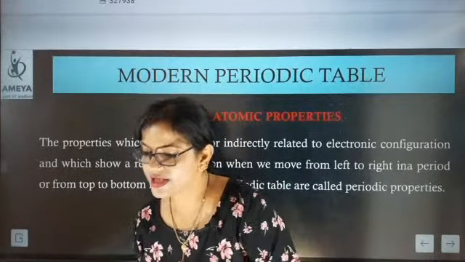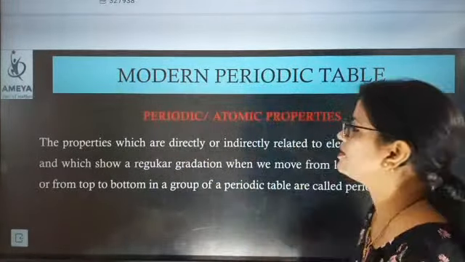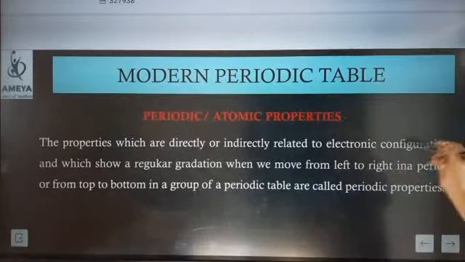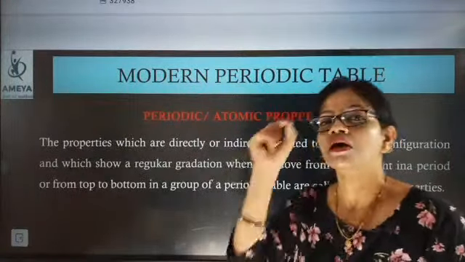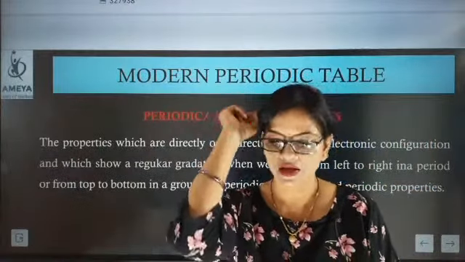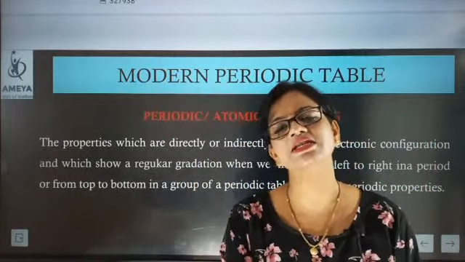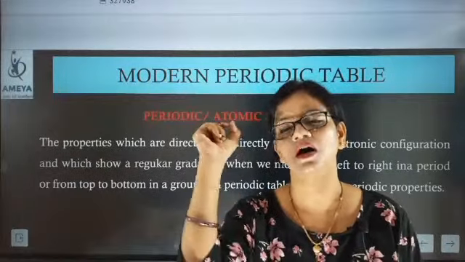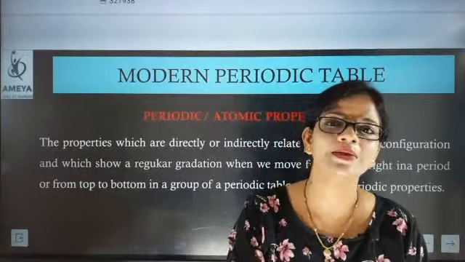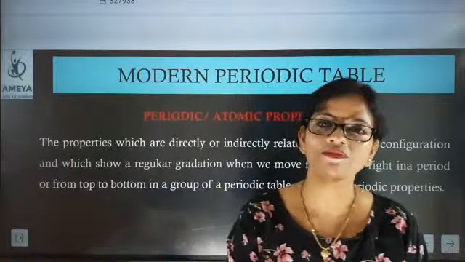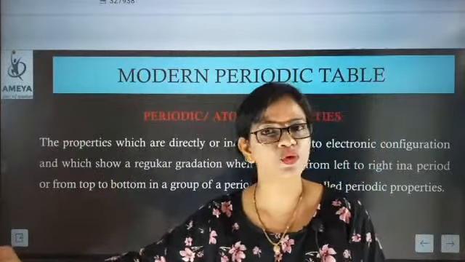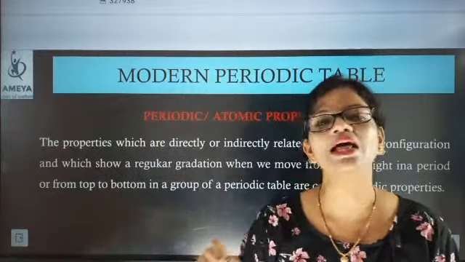Okay. So the properties which are directly or indirectly related to electronic configuration, because for atoms, we have understood yesterday that the elements, which are represented by their atomic number, have a specific electronic configuration and valence shell electrons.